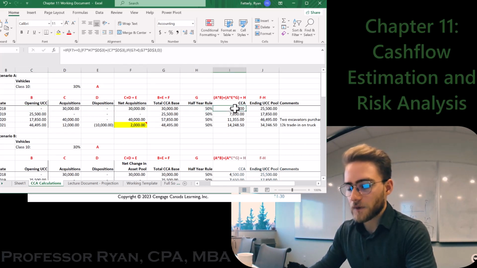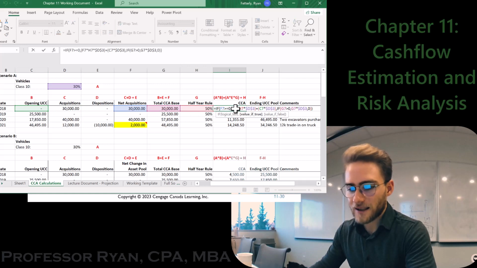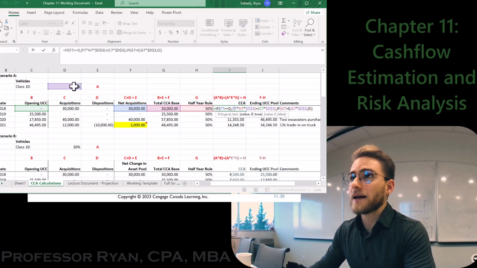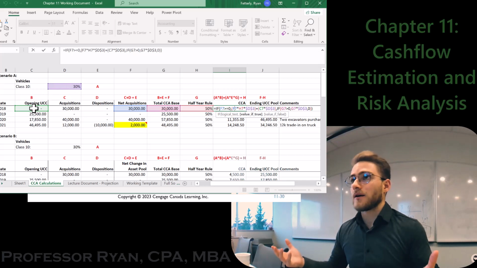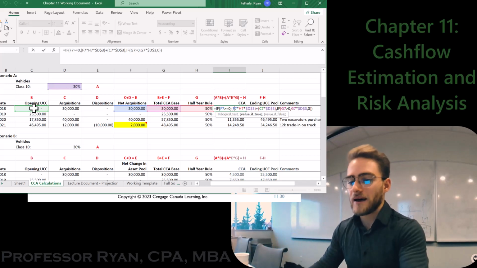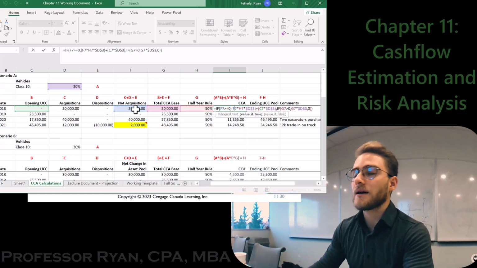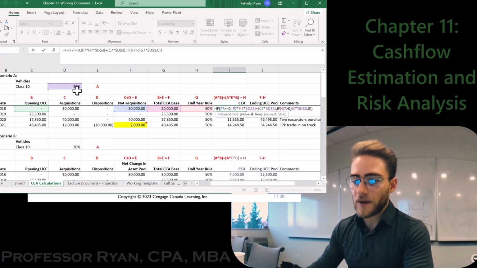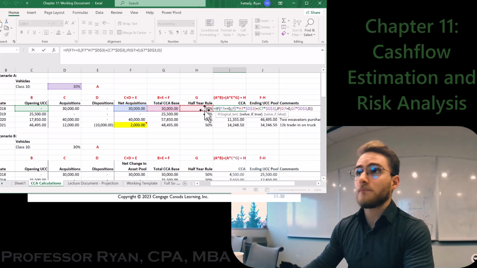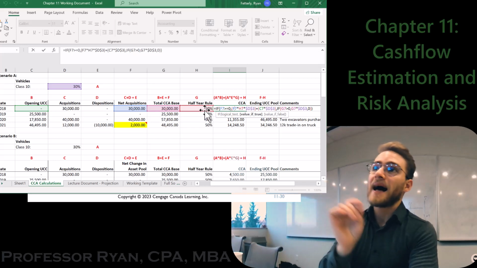So in this case, this is a little complicated, but all I'm basically saying is, hey, this is my rate. I apply the full rate to my opening UCC. So anything that would be here, we calculate at a full 30%. But my net acquisitions, which is this $30,000 here, yes, we multiply it by 30%, but we also multiply it by 50% because we only take half the rate.